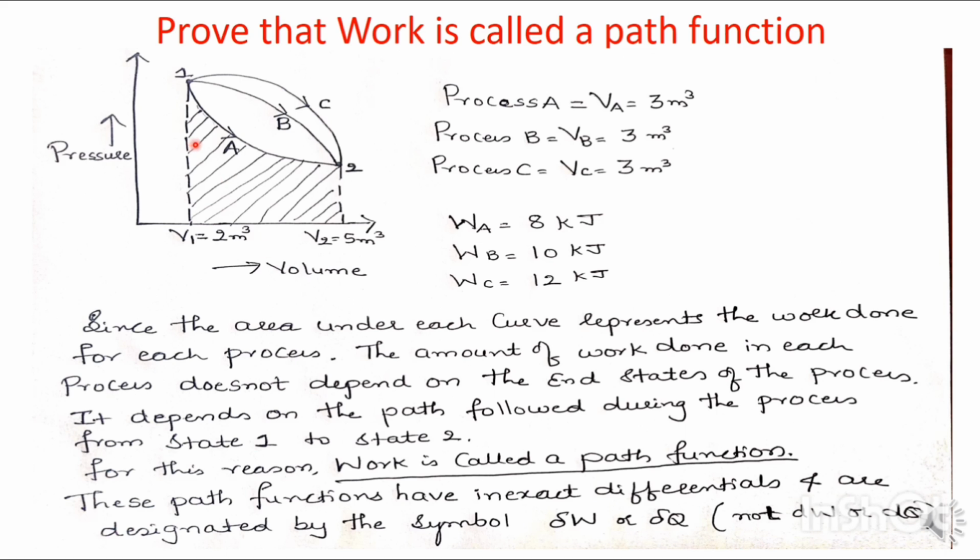See here, if the work done is different for different processes, then definitely the heat transfer will be different too, because as the area increases, the heat transfer also increases. This area is different, so the heat transfer will be different here. For this area, again the heat transfer will be different.